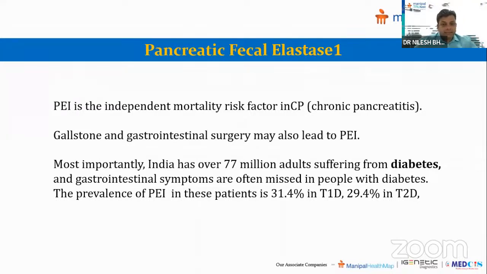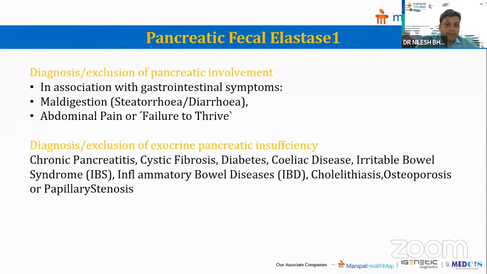Even in diabetes, since India is the world capital of diabetes, the prevalence of pancreatic exocrine insufficiency is very high in type 1 as well as type 2 diabetes. So it's very important to screen for pancreatic insufficiency in a patient with diabetes, so we can prevent the subsequent development of chronic pancreatitis.